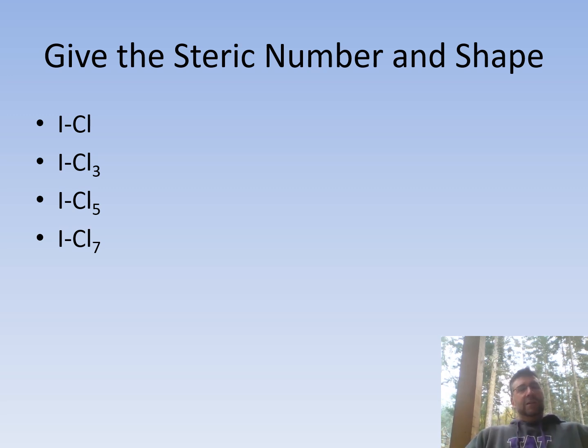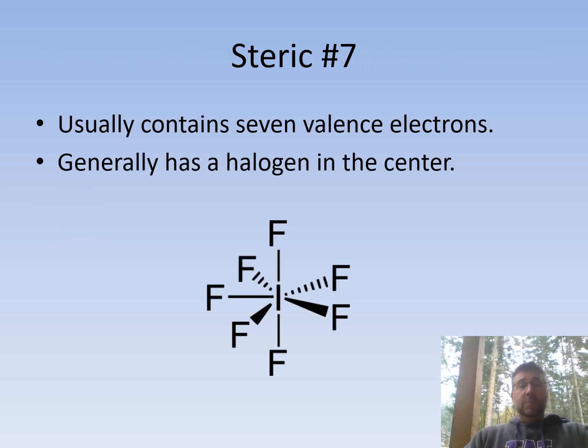We didn't cover steric number 7, but actually you can do that. Steric number 7 looks like this, in which you have 5 atoms along the plane, plus up and down. In this case, it forms a pentagon on the plane plus a pyramid going up and a pyramid going down.